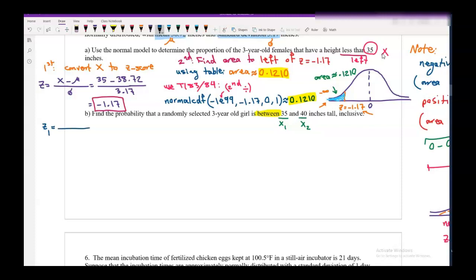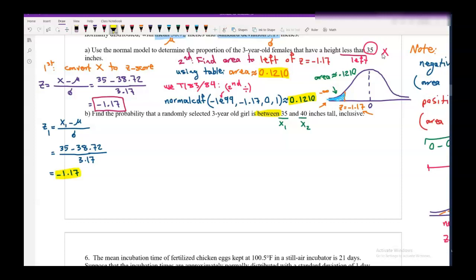So z1 is equal to x1 minus mean divided by standard deviation. x1 is 35 minus the mean, given on top as 38.72, divided by the standard deviation, also given as 3.17. I used the same mean and standard deviation as in part A. Since our x is 35 and in part A we have 35, here again we got negative 1.17.